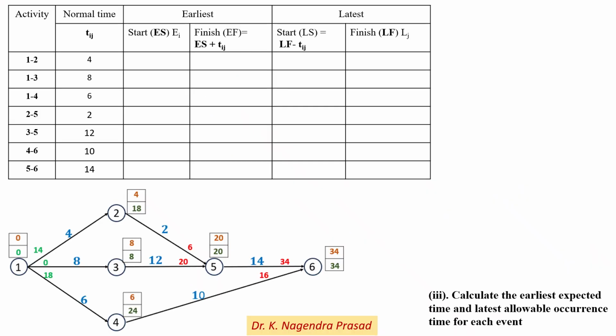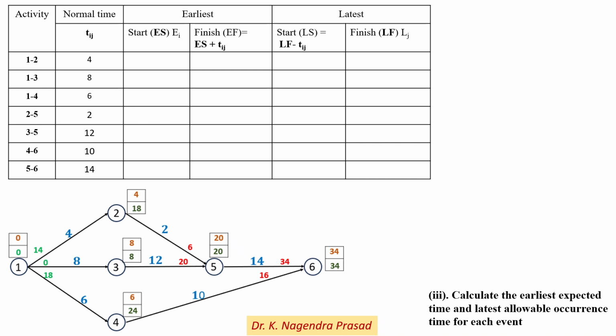Next we calculate the earliest start time, earliest finish time, latest start time and latest finish time. For this we have to draw the following table. Here the first column is the activity and the next column is the normal time or the estimated time.